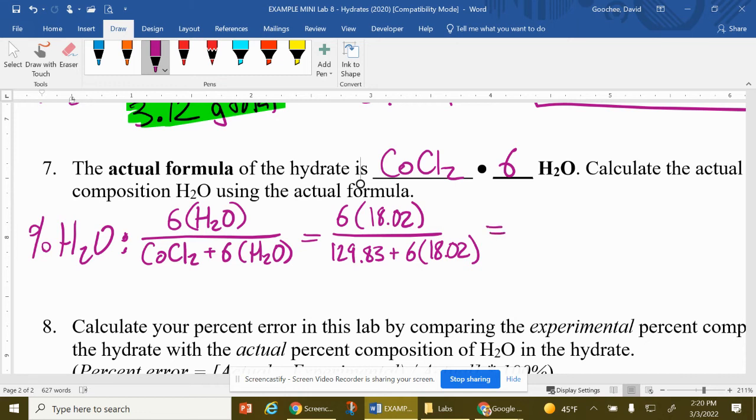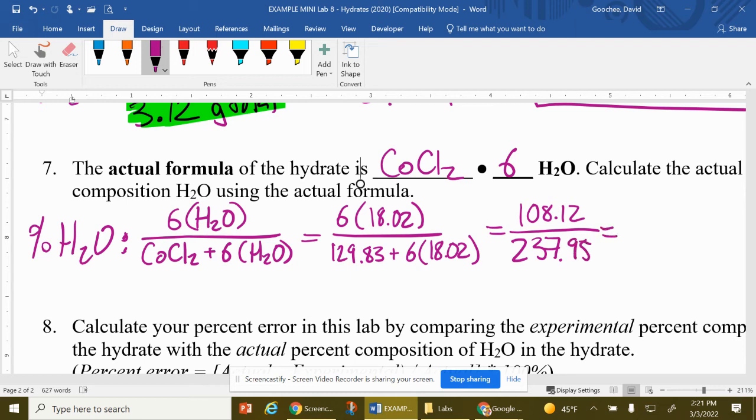So now I'm going to get out my calculator. 6 times 18.02. That's 108.12 on top. And on the bottom, 129.83 plus 6 times 18.02 is 237.95.